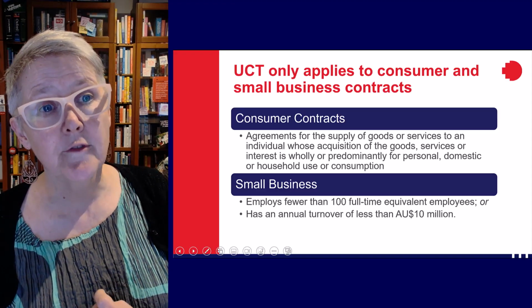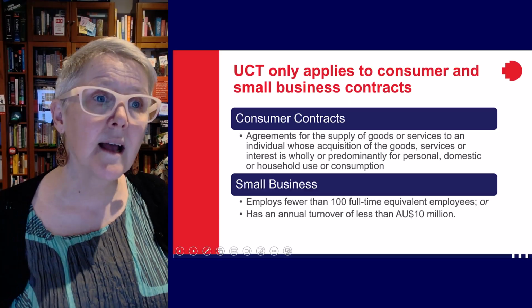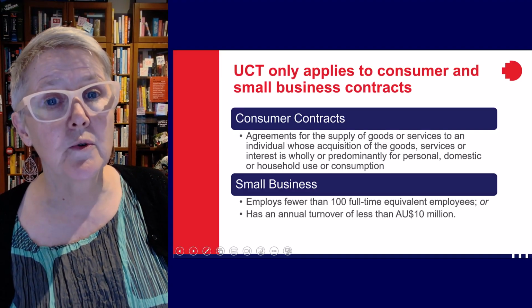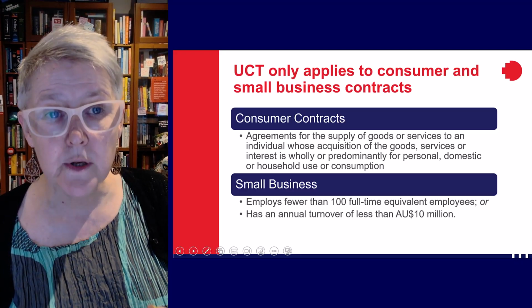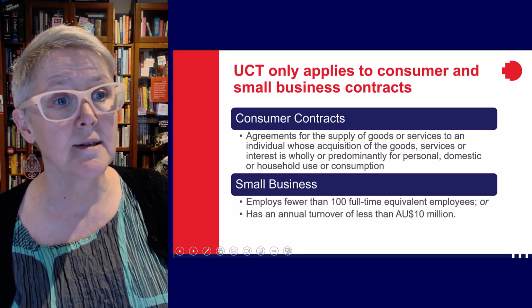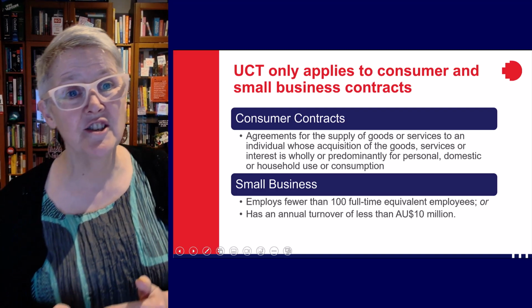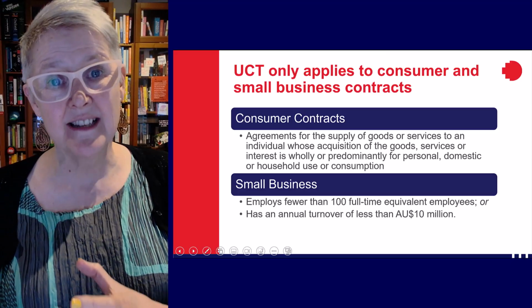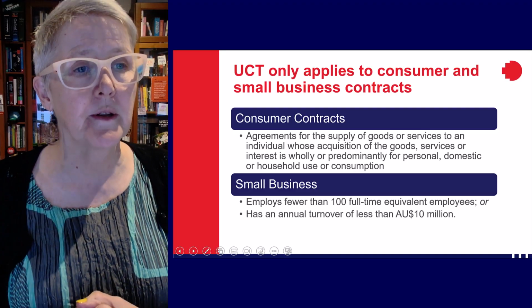Consumer contracts are defined in the law as contracts for the supply of goods or services, or a sale or grant of an interest in land to an individual whose acquisition of the goods, services, or interest is wholly or predominantly for personal, domestic, or household use or consumption. The small business contract definition itself has been significantly expanded since November 2023, or with effect from November 2023.